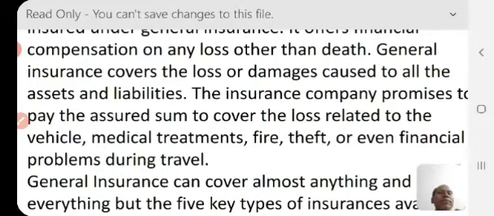After some time, he goes into bankruptcy and is unable to pay the loan EMIs. In such situations, we can claim the EMIs from the company from which the policy was taken by SBI for the loan coverage. So, general insurance covers the loss or damages caused to all the assets and liabilities.